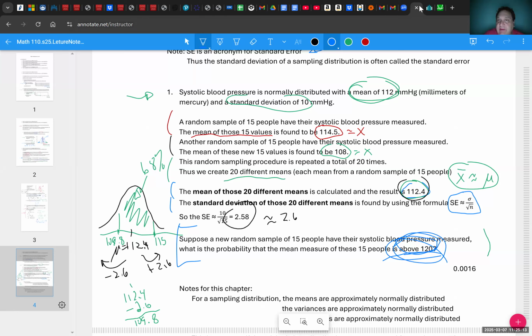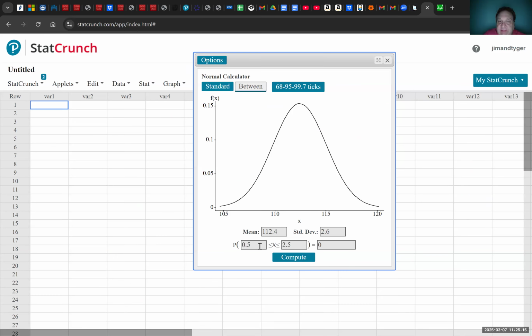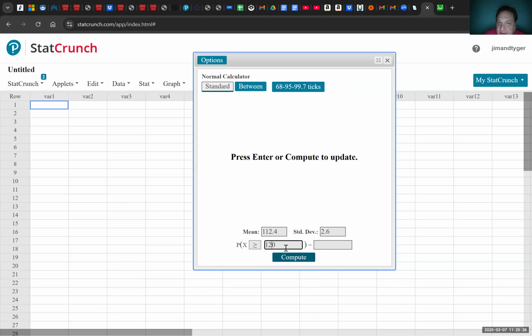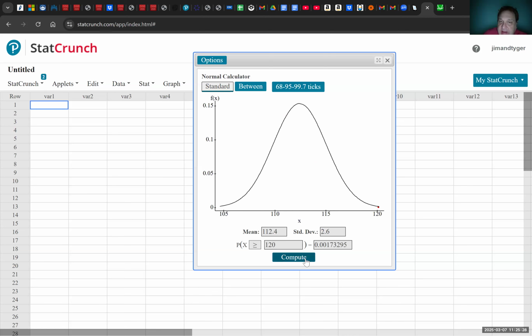So I go over here and I say, what's the probability that it's greater than 120? So there's the probability greater than 120. And the answer is 0.00173.